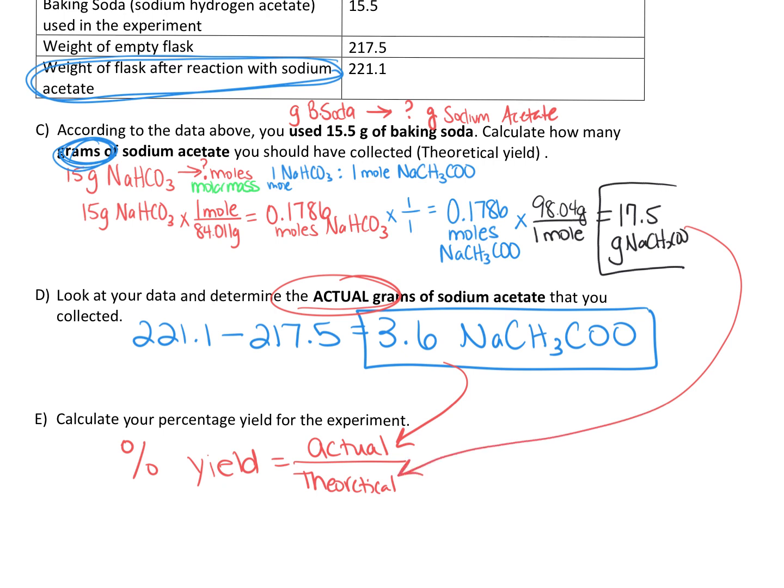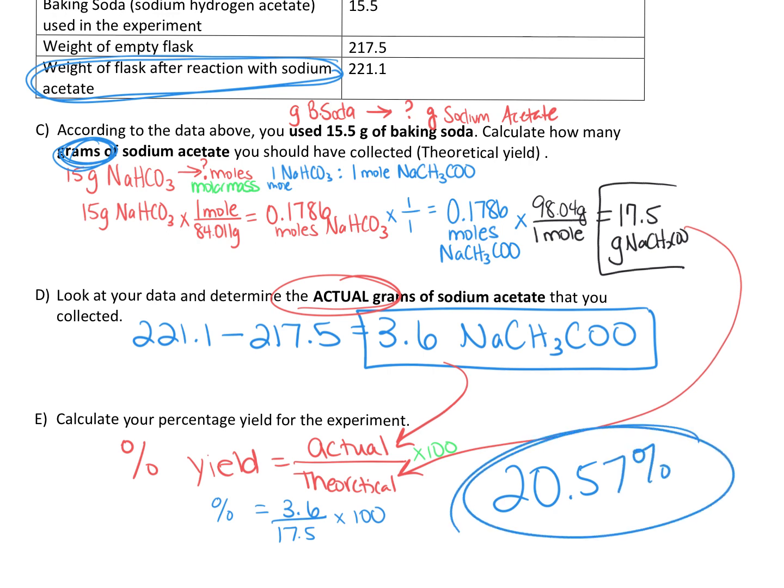Then we multiply it by 100 because we want it in a percentage. So our percentage yield is 3.6 divided by 17.5 times 100. I get a percentage yield of 20.57%.